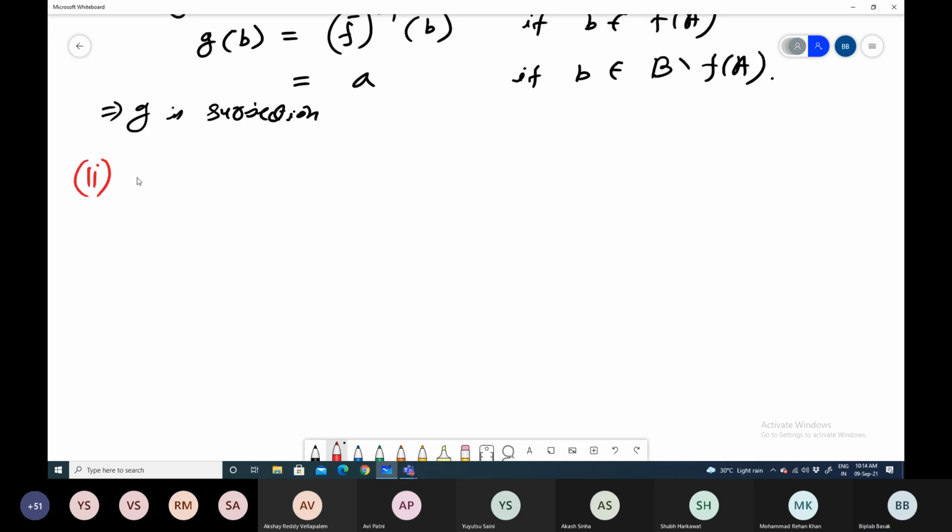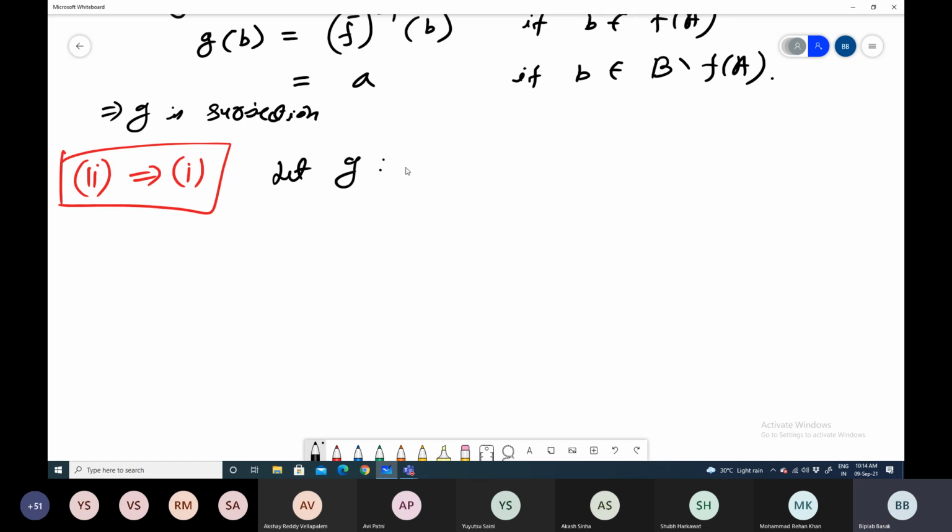Okay. Now to imply one. Let g from B to A be a surjective function. Now we will define a function from A to B, and we need to define an injective function.